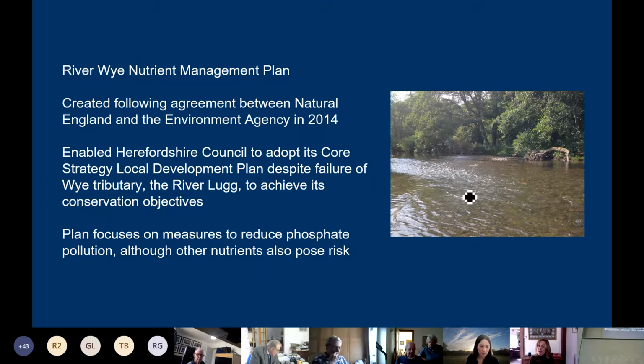The failure was identified as excessive levels of phosphate pollution, although the supporting documents demonstrate that other nutrients, nitrates in particular, are posing a threat to the river, to the catchment as a whole, but in particular the Lugg.